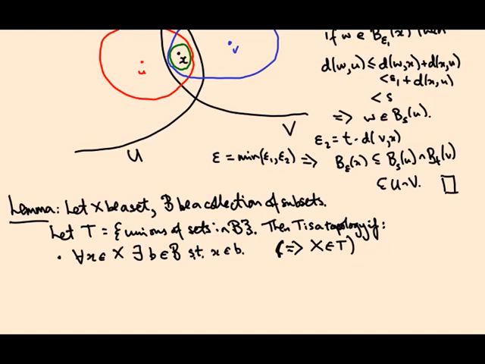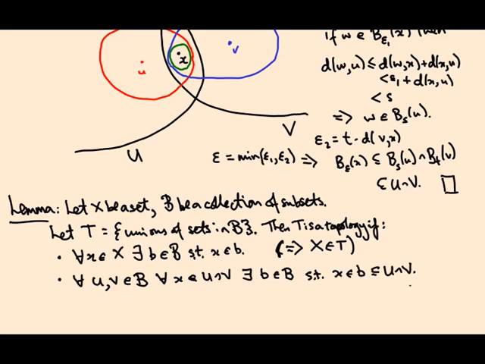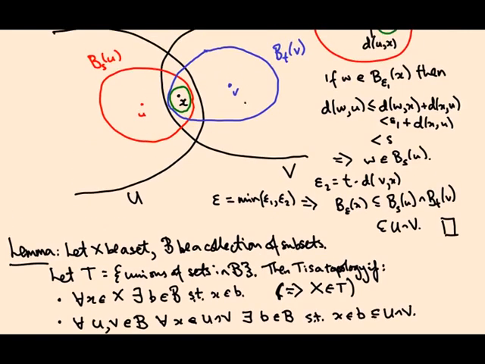And we needed to check that intersections were in T. What we actually did, if you examine the proof that we just did, we showed that for all balls U and V in curly B, and for all points x in the intersection, there exists a little b in B, which is the green ball in the picture, such that x is in little b and b is contained in U intersect V. Right, that was this picture here.